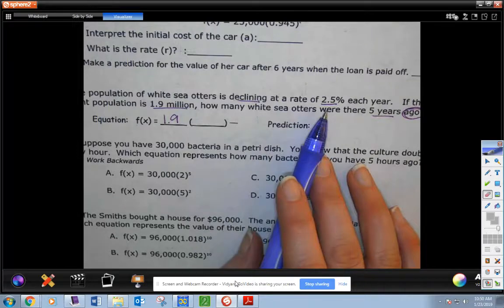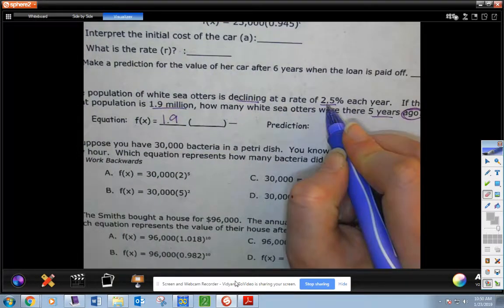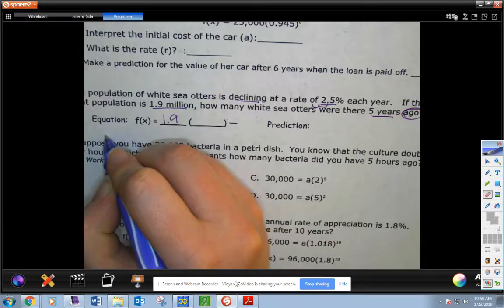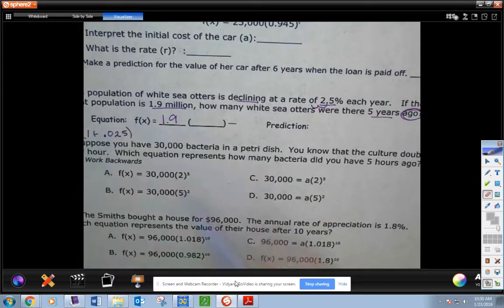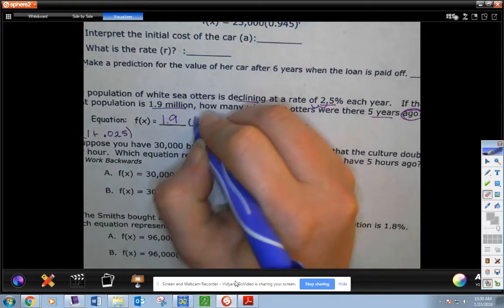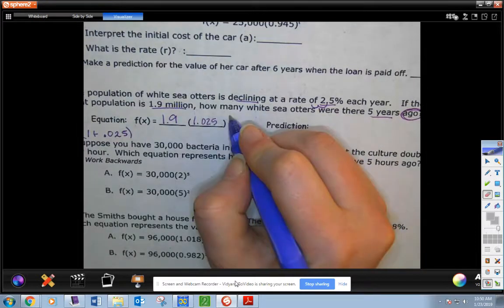And to come up with my growth factor, I have to convert 2.5 to 0.025, and I need to add that to 1 because I have to change this to a growth, which will give me 1.025. And then I'm finding 5 years ago.